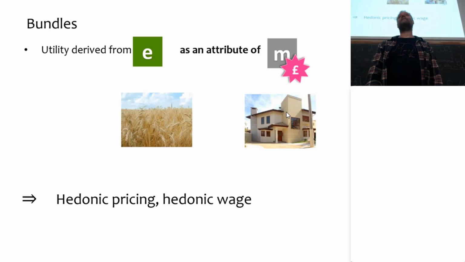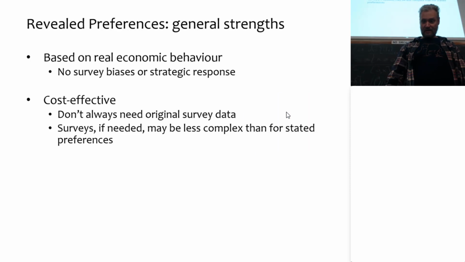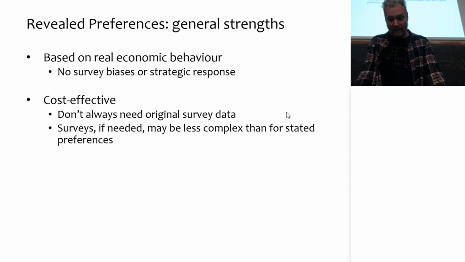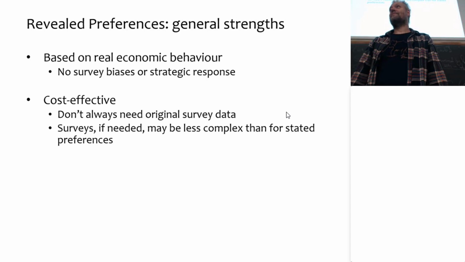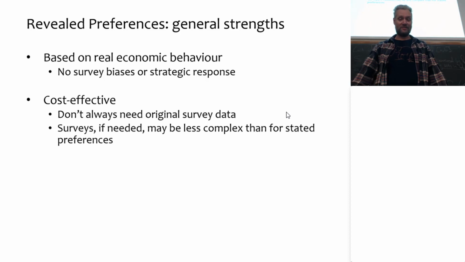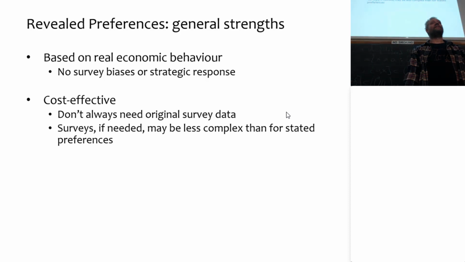Right, so those are the high-level principles. The good thing about these revealed preference methods is that you're looking at the actual behavior of real people in real situations. Next week we're going to talk about stated preference methods.